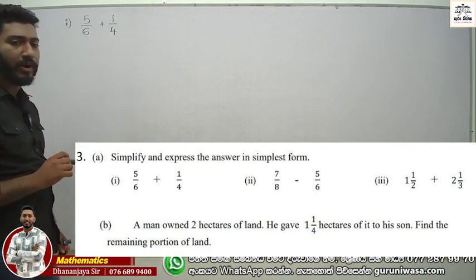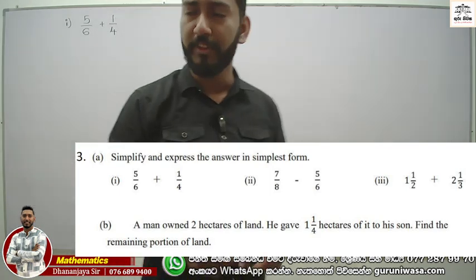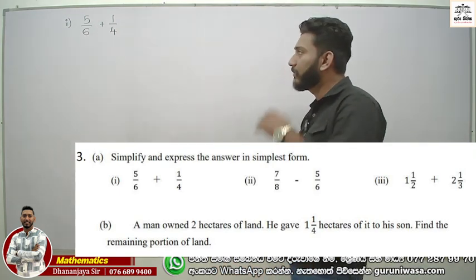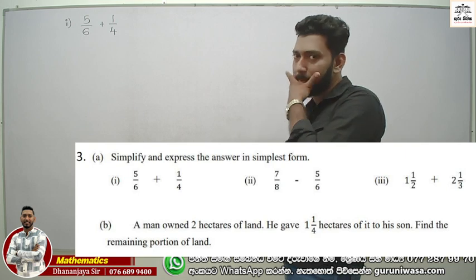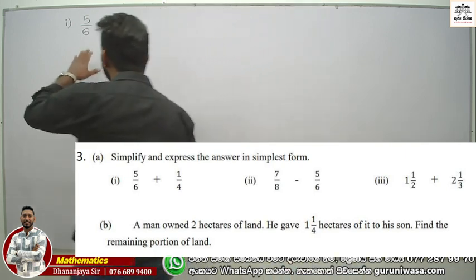Right. And you know how to add these fractions. When you add these two, you need to get the lowest common multiple. Now listen. This is a 6 and this is a 4.